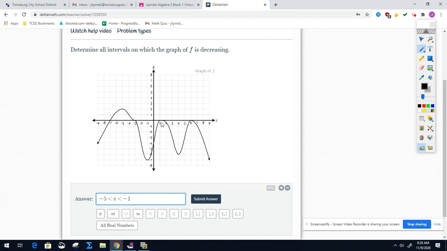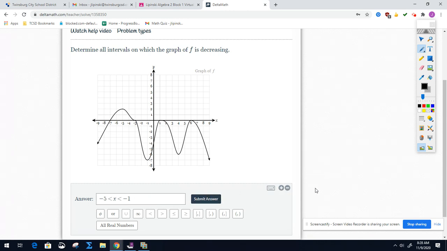And then it increases. It increases up to 1. Okay. So then the next interval that it's decreasing would be from 1 to 4. I'm not exactly sure how this is going to mark this right or wrong. Then it starts increasing up to 6, and then from 6 to infinity, it goes down.